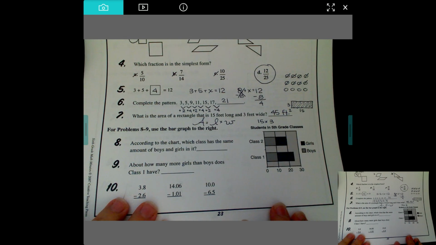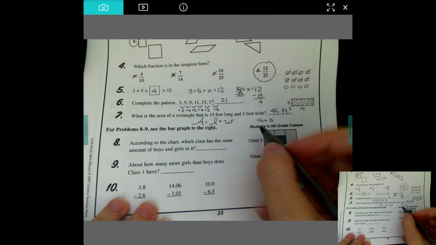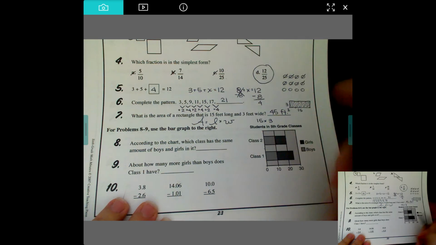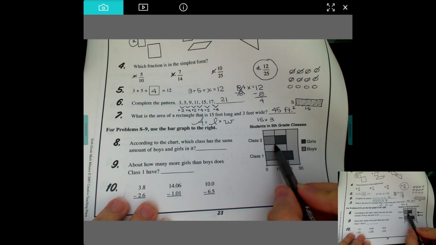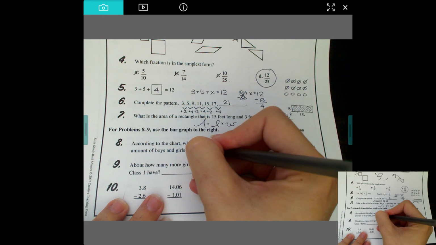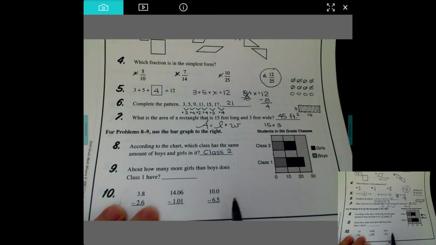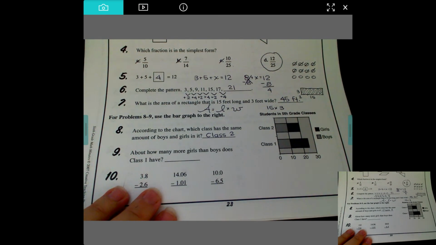Number 8, according to the chart, which class has the same amount of boys and girls in it? If you look here, for class number 2, we have 10 boys and 10 girls. And that's class 2. About how many more girls than boys does class 1 have?